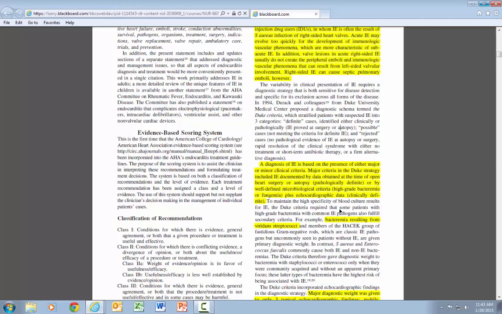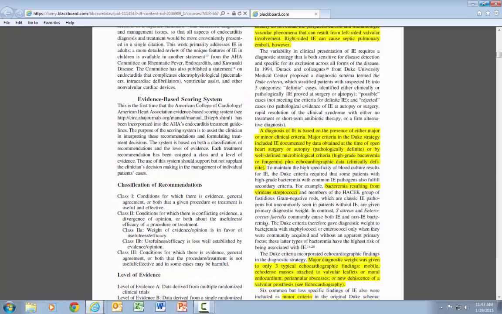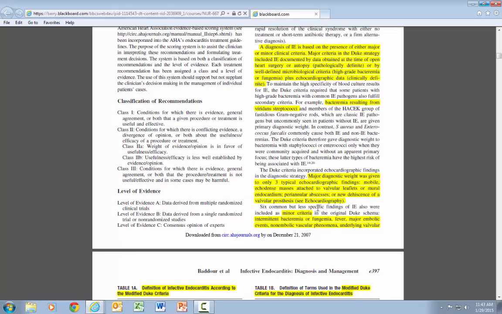Remember that the most common microbiology encountered in endocarditis is Streptococci viridans. The major diagnostic test weight was given to typical echocardiography.